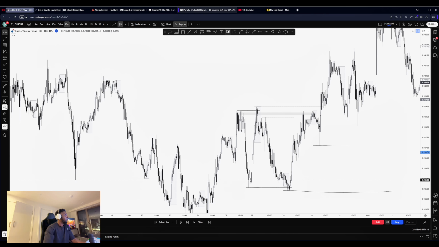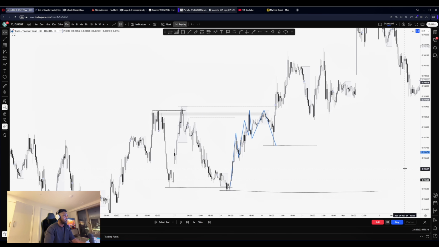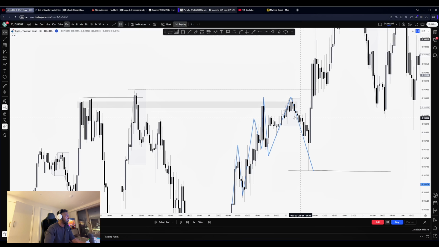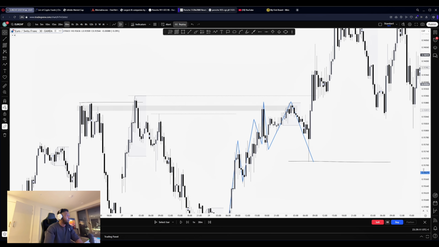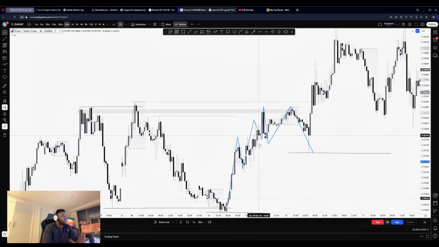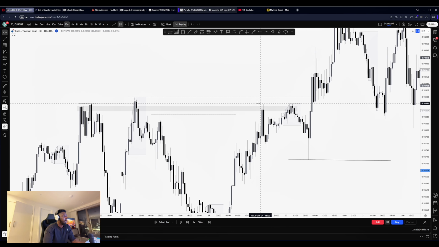So drawing your market structure, higher highs, higher lows, higher highs, higher lows. We have this higher low that formed this higher high that was broken. So this structure shows that this is a sweep of this higher low, because they already formed a new higher high.